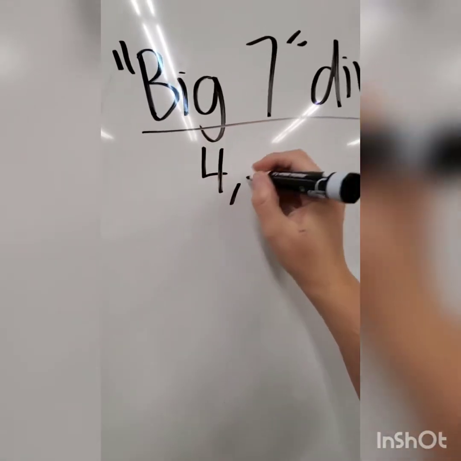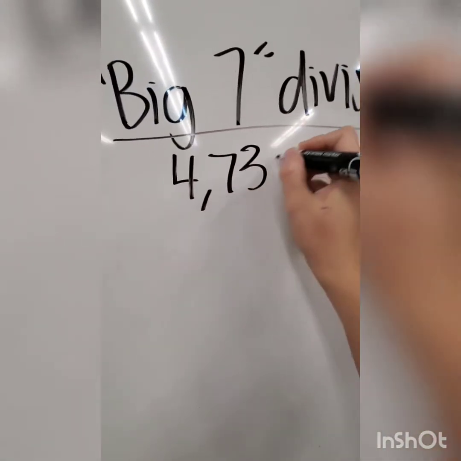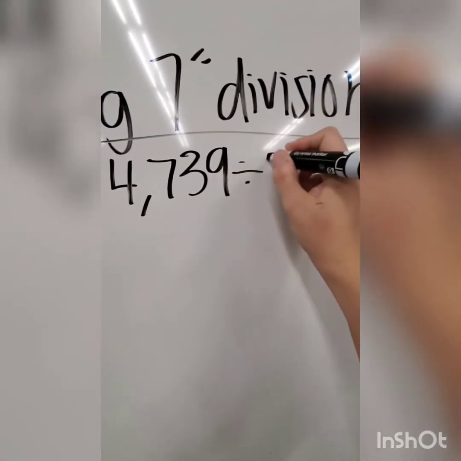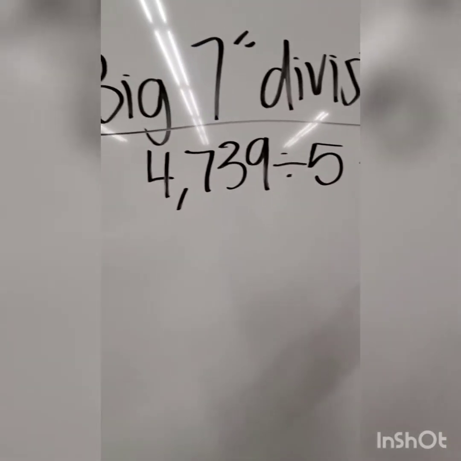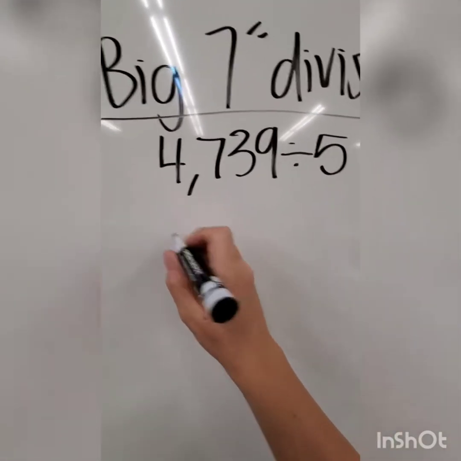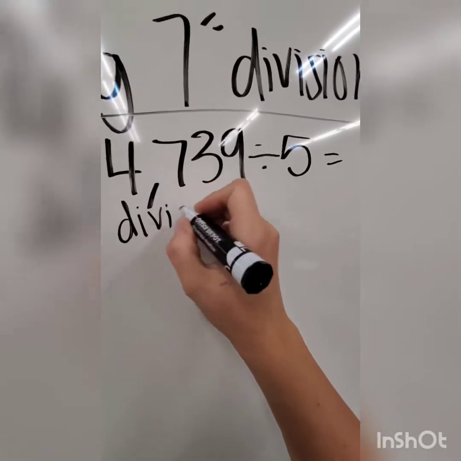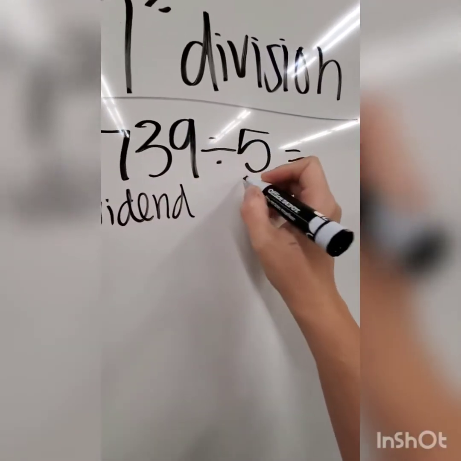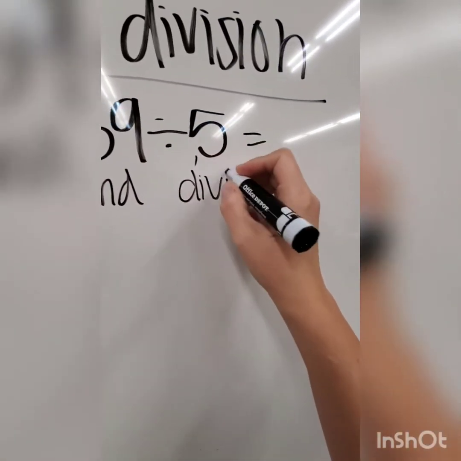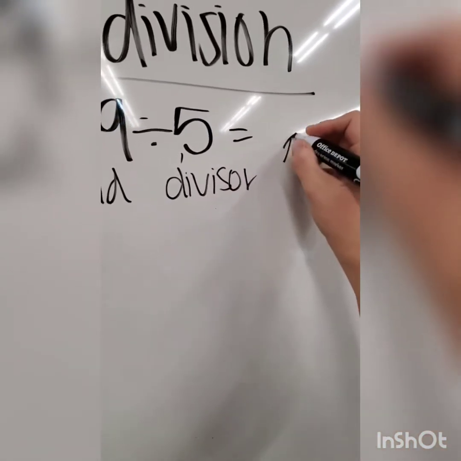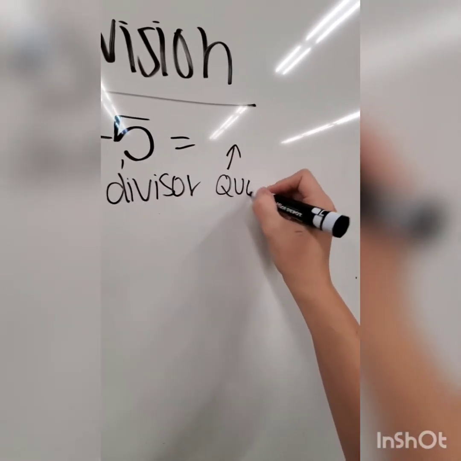So here is the problem. 4,739 divided by 5. And then you want them to understand that this is the dividend and that this is the divisor. And our answer here is called the quotient.